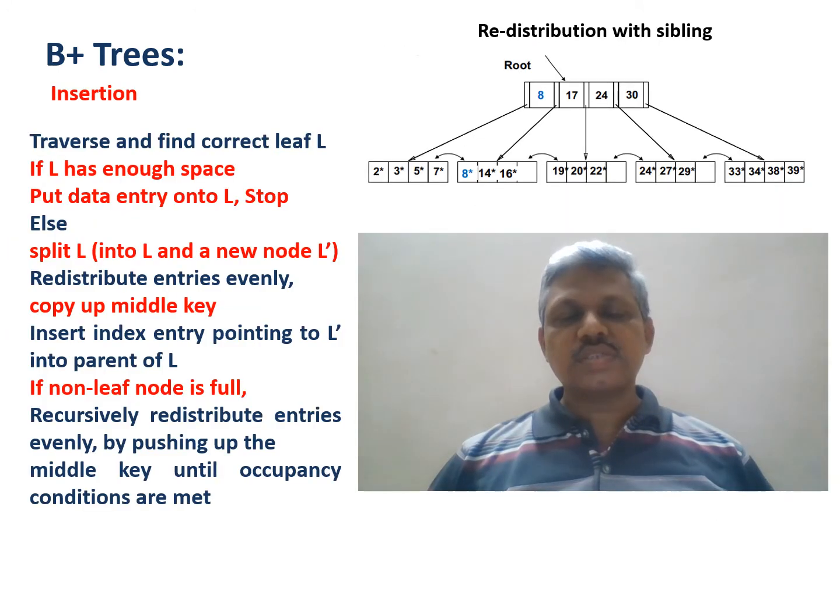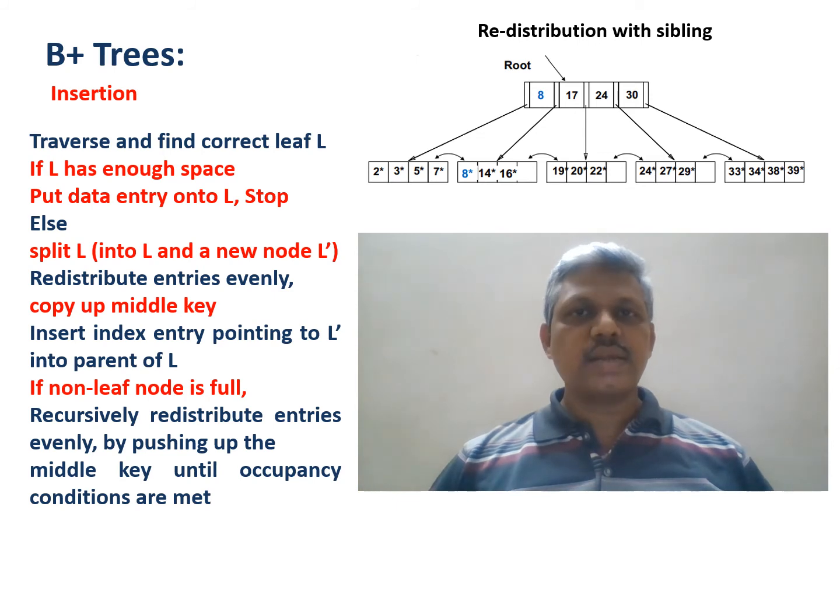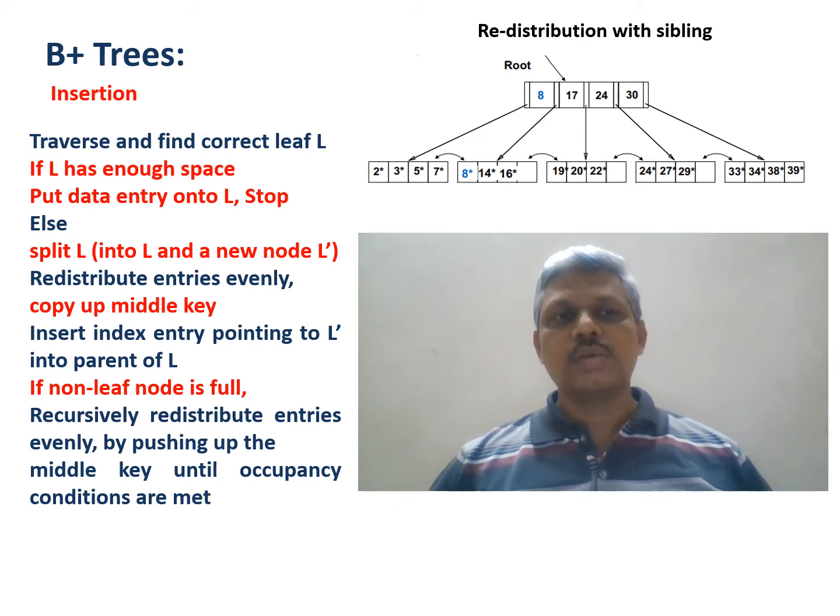The process of insertion that we have seen in the previous slide is summed up in the form of a step-by-step process. Traverse and find the correct leaf node L. If L has enough space, then just add the value there, and stop.